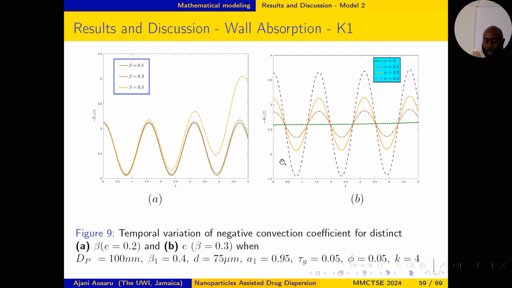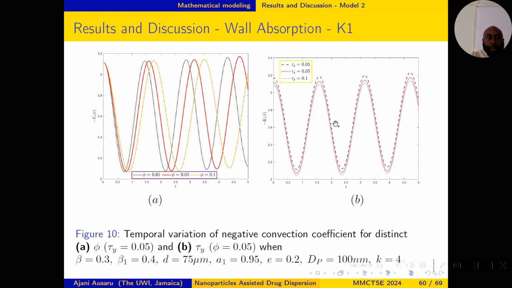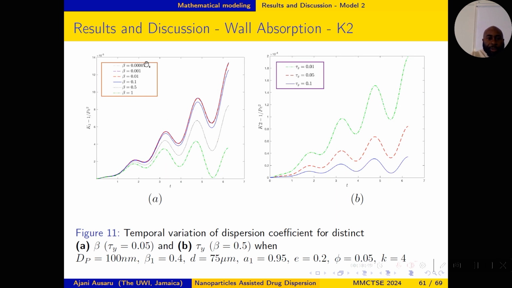And so these are some pictorial results of what we obtained. Beta would be our absorption parameter. E in this picture represents pulsatility of flow, yield stress variation tau y, volume fraction variation. Here, the absorption parameter as it relates to K2, our dispersion coefficient, and yield stress, how it impacts our dispersion coefficient K2.